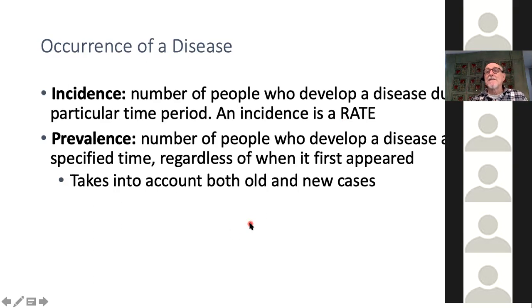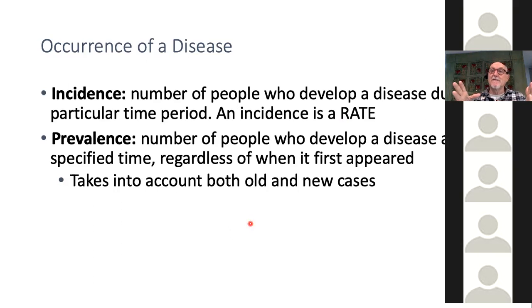Prevalence is how many people develop the disease. And so we can say the prevalence of COVID-19 in the American population is, I forget what it is now. It's like 2 million or whatever, 2 million persons in the United States.